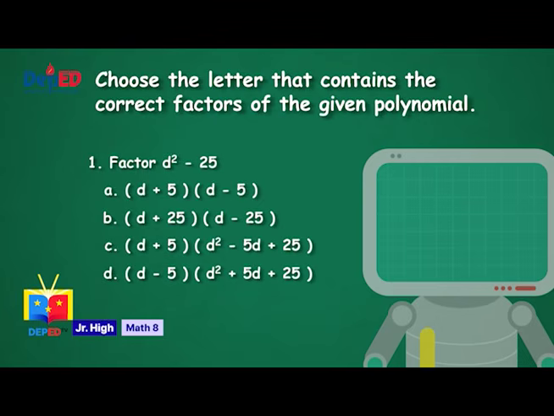Or D, the quantity d minus 5 times the quantity d squared plus 5d plus 25? The correct answer is A, the quantity d plus 5 times the quantity d minus 5.